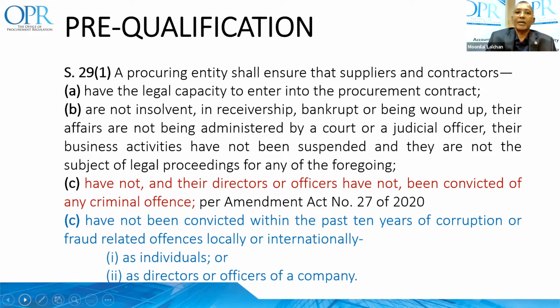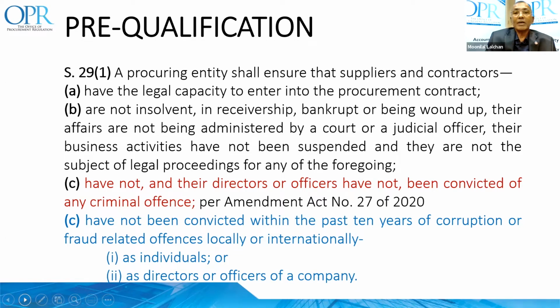So we asked for an amendment to that part of the Act, and that was amended by Act number 27 of 2020. So it reads now: have not been convicted within the last 10 years of corruption or fraud-related offenses, legally or locally or internationally, as individuals or as directors or officers of a company.